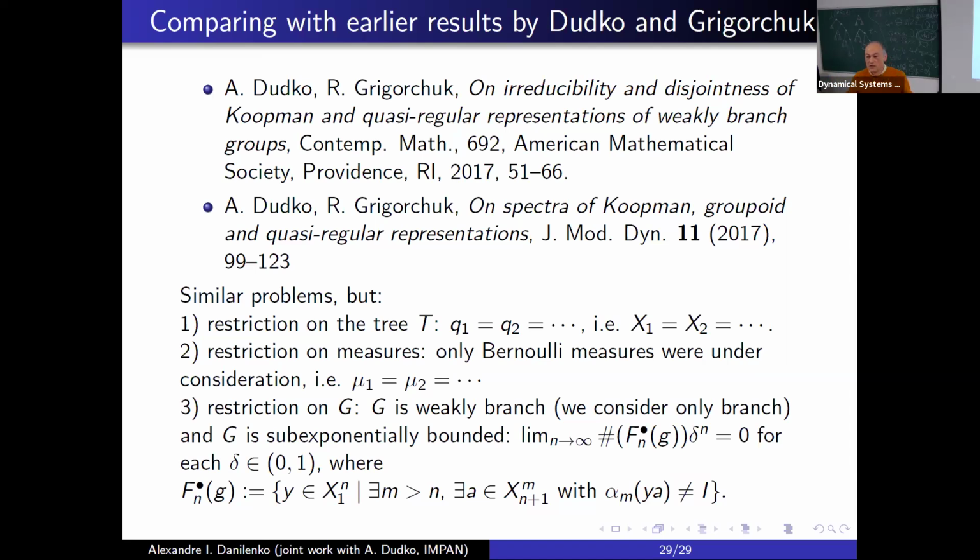And maybe the entropy of this measure is 0. The action is, how to say, an odometer. Okay, thank you.